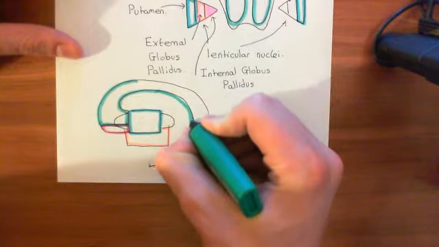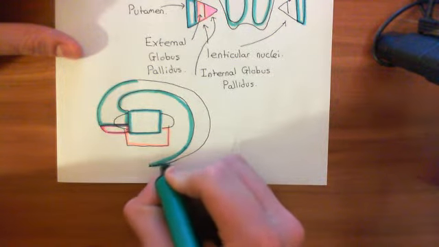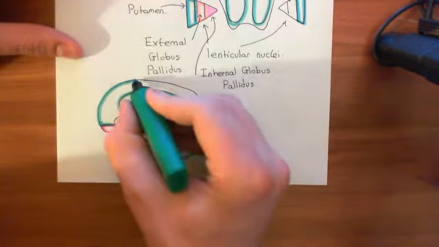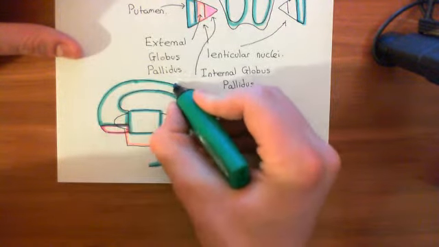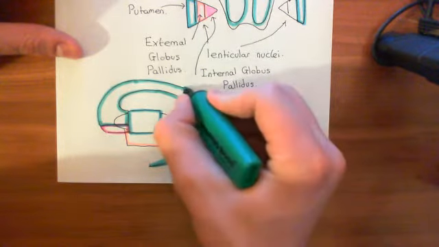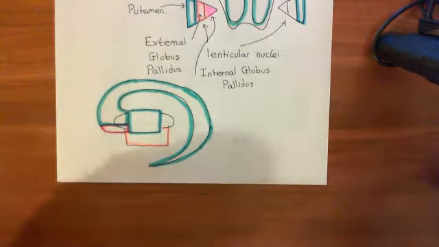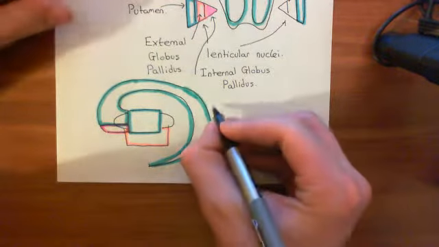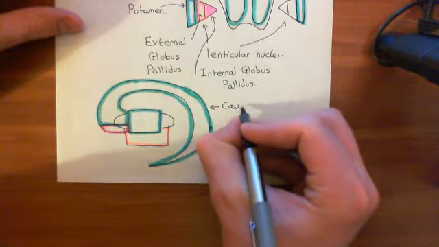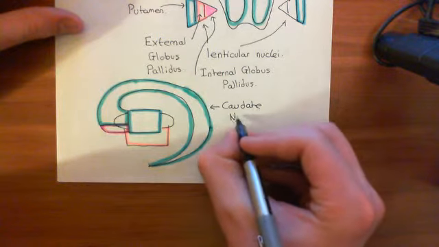Now, this entire structure, which I haven't told you the name of yet, this great big turquoise thing that I'm outlining here now, is called the caudate nucleus. So in turquoise, this is the caudate nucleus that attaches on and loops around the putamen like this. So this is the caudate nucleus.